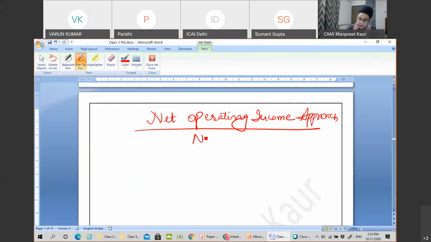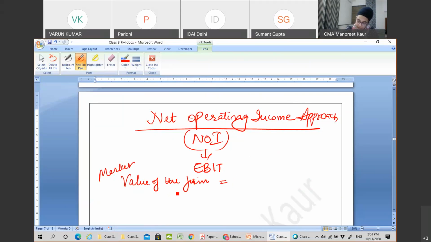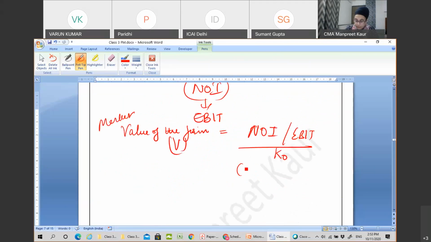We can also say NOI approach. NOI is equal to EBIT. Value of the firm is equal to market value of the firm. V is equal to NOI, EBIT upon KO. KO is the overall cost of capital.